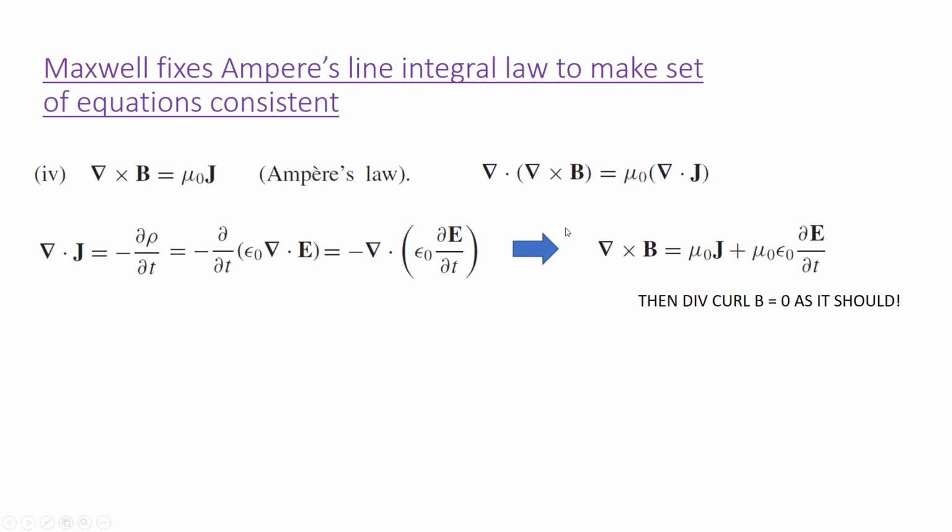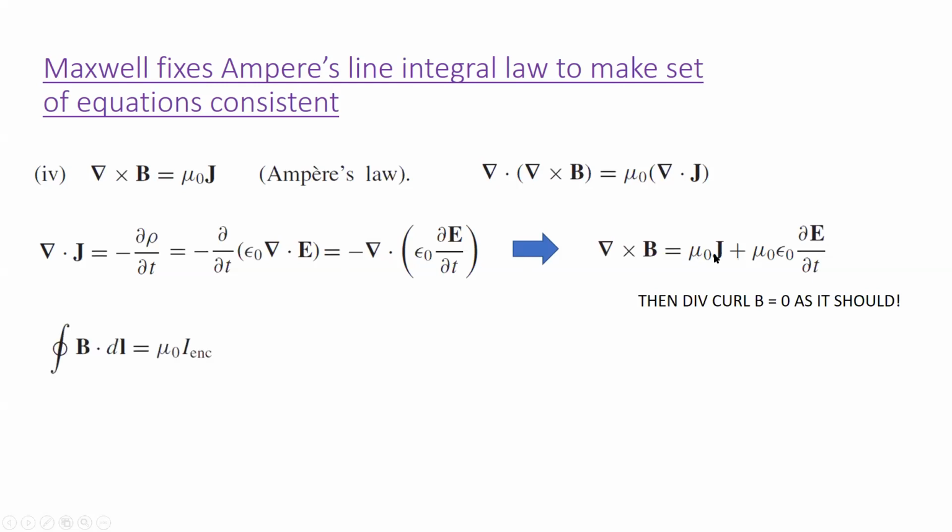Because then if we take the divergence, we get mu naught times the divergence of J, but then we also get minus the divergence of mu naught epsilon naught dE dt, which is equal to minus mu naught the divergence of J. So we get a cancellation here, and the divergence of the curl of B in this equation, these two divergences cancel through Gauss's law.